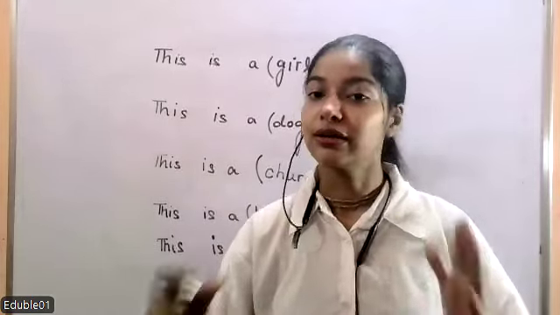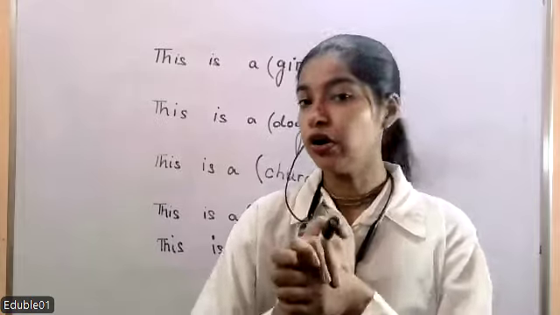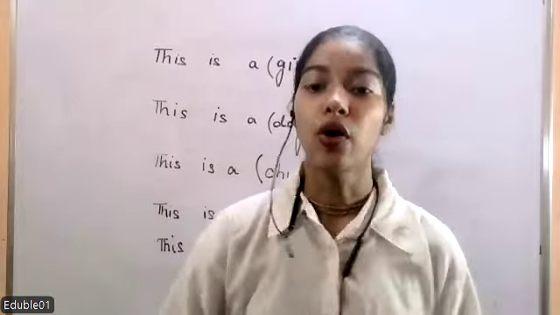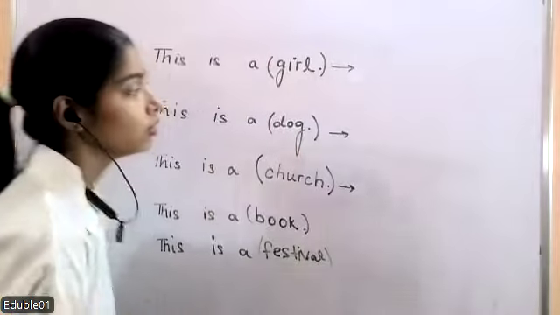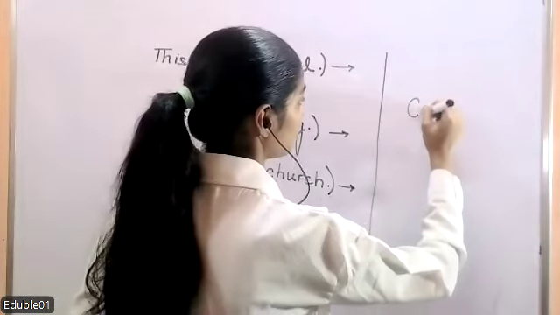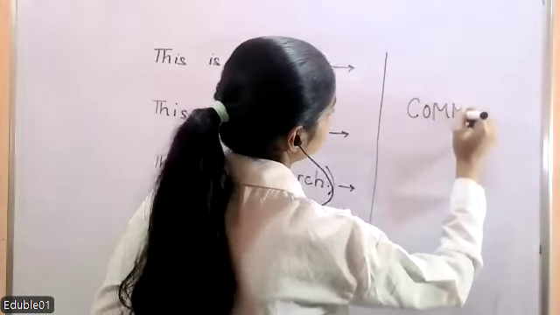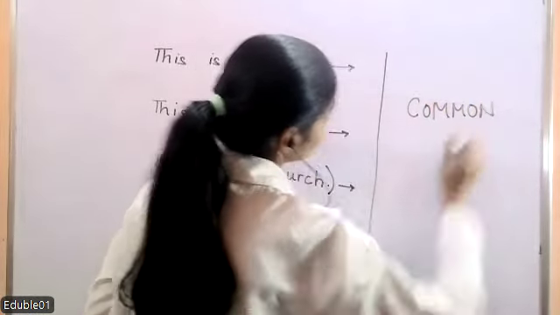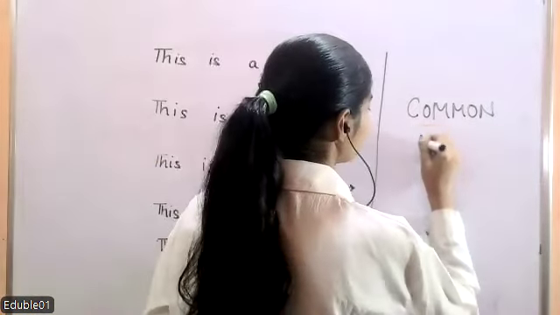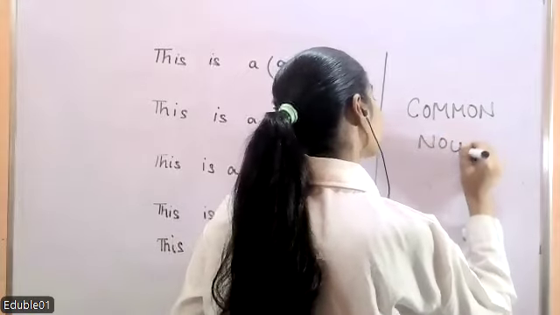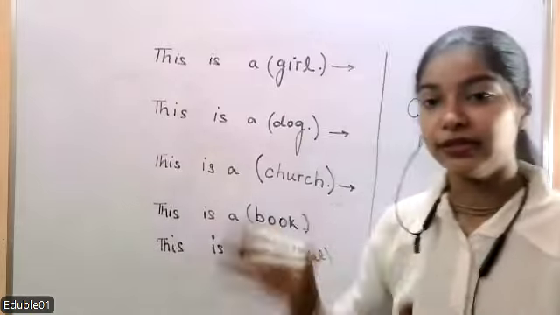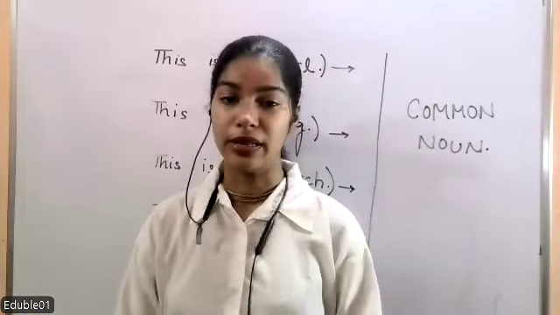Whenever we are talking about something random, and we are not specific, those nouns we call common nouns. Because they are very common and not specific, these are called common nouns. These are the examples of common nouns.